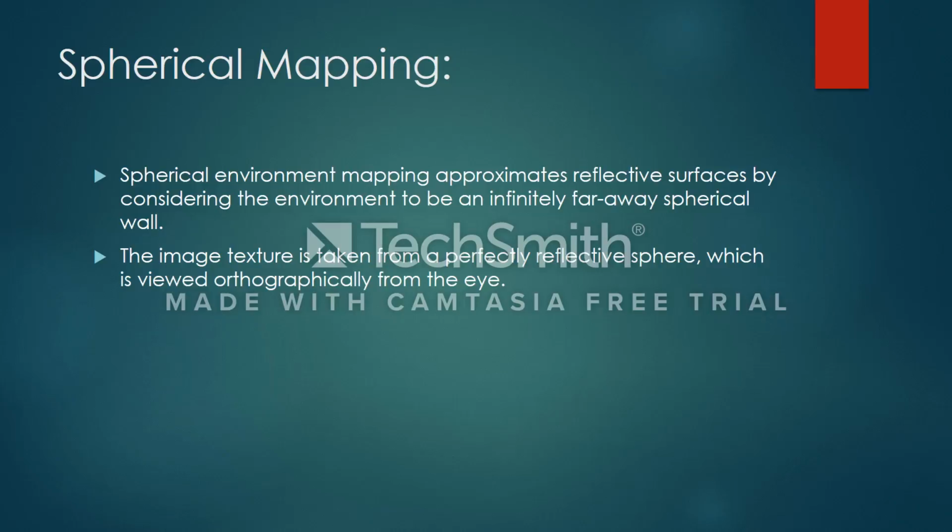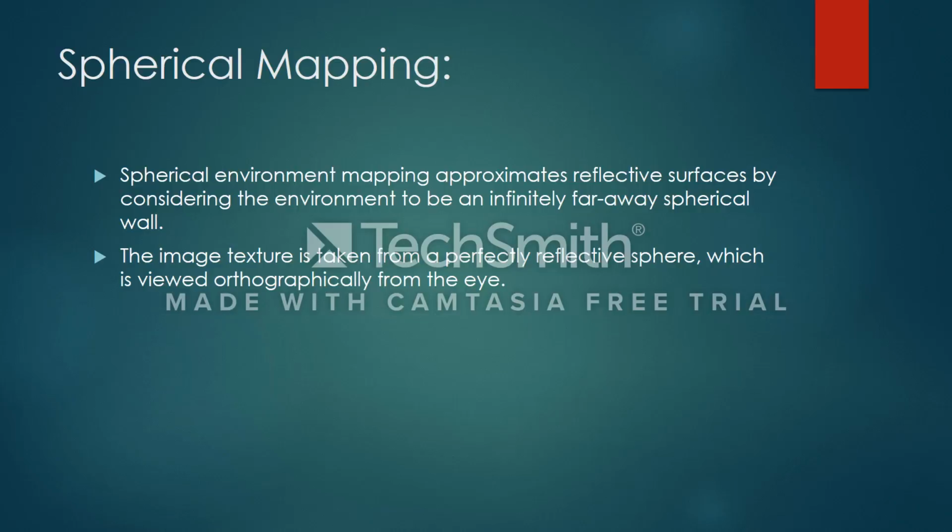Let's see spherical mapping. Sphere mapping, or spherical mapping, is reflecting an environment on an object which is a sphere or almost a sphere or equivalent to a sphere. So we assume that the environment is infinitely far away from the object.